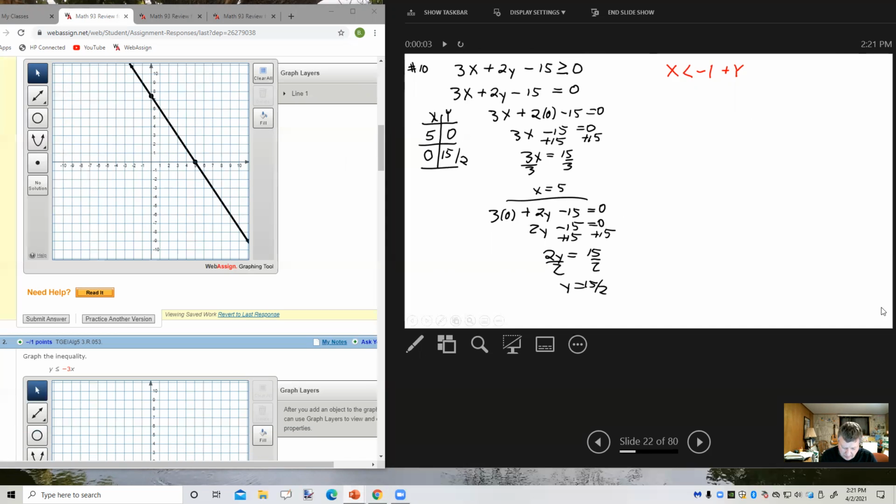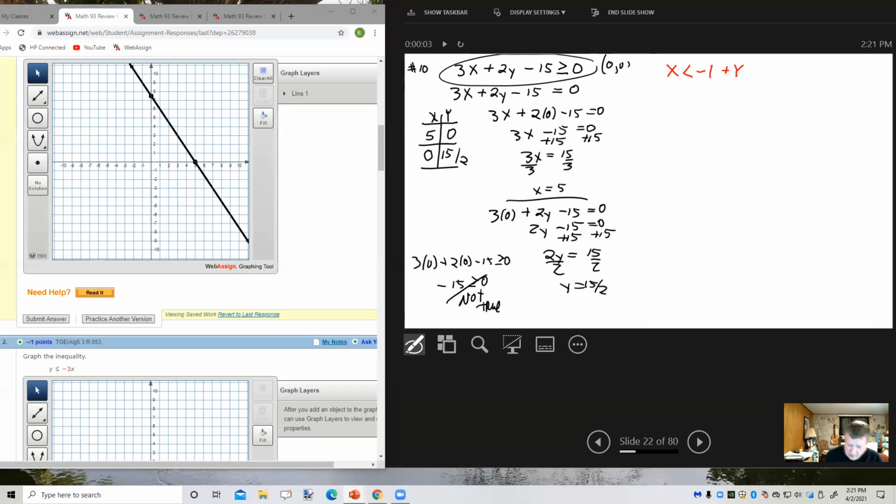So we'll put 0, 0 into this inequality. I'm going to write it down here in the lower corner. I'm going to get 3 times 0 plus 2 times 0 minus 15 greater than or equal to 0, negative 15 greater than or equal to 0. That's not true.